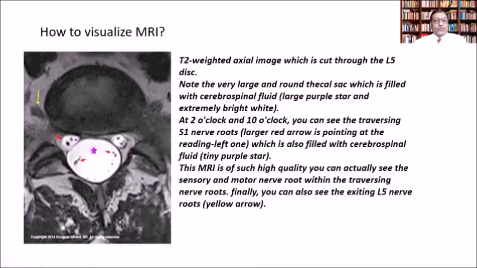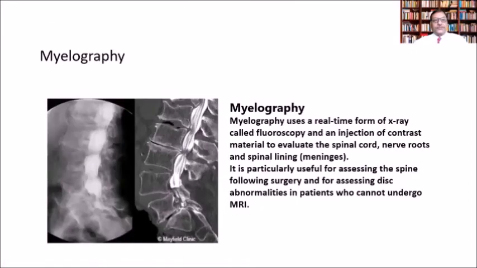And it also shows, see my cursor, at the level of 10 o'clock and 2 o'clock, the S1 nerve root is traversing. This is the S1 nerve roots. And if there is pressure, the disc material will come and press it. This is how we visualize the MRI in the transverse cuts.